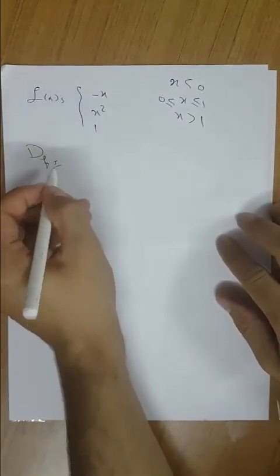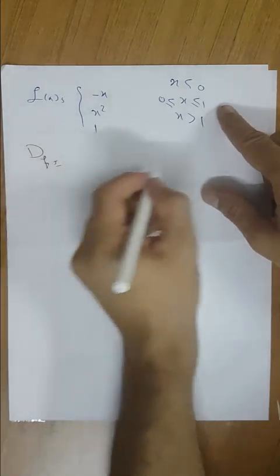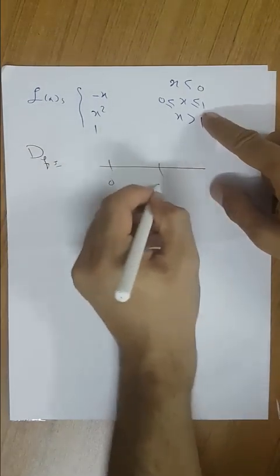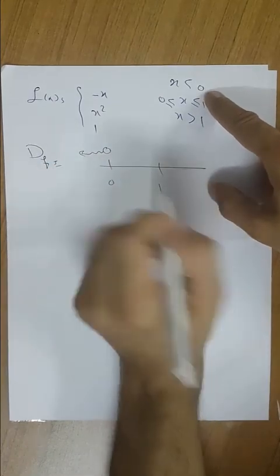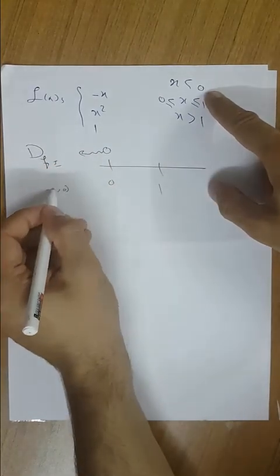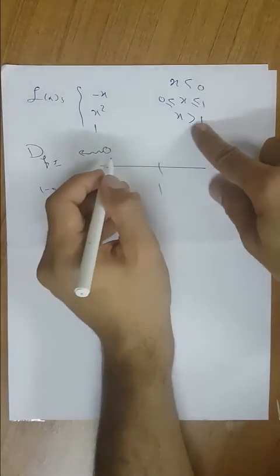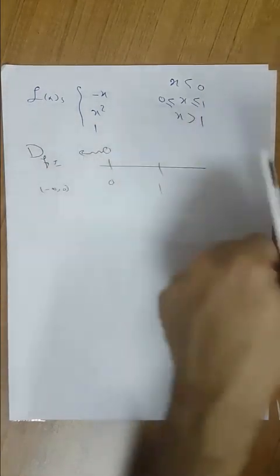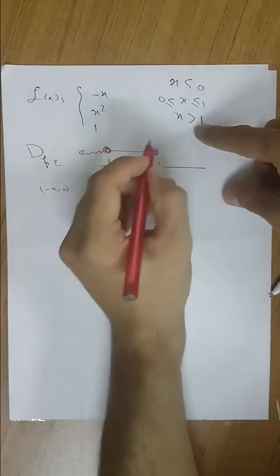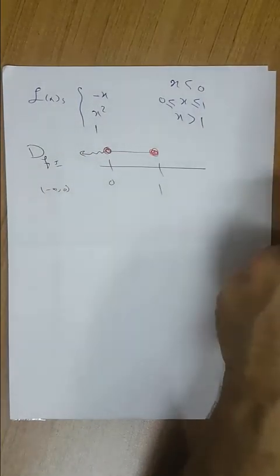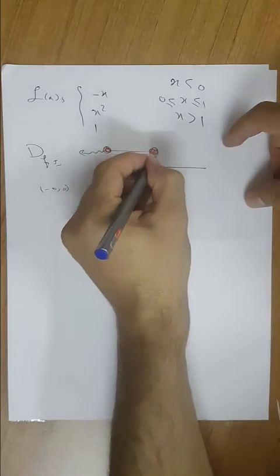I say here's 0, here's 1. Less than 0 means from 0 to minus infinity, that's why I'm sketching like that. Between 0 and 1, both of them are included, and greater than 1.